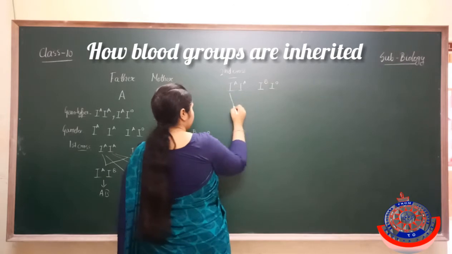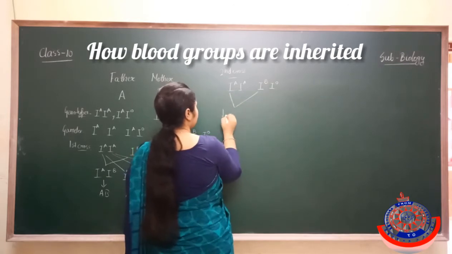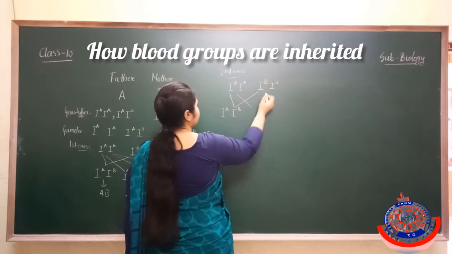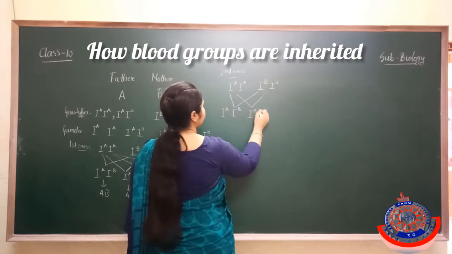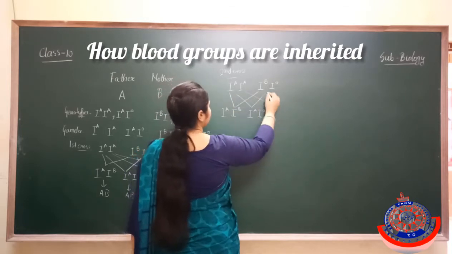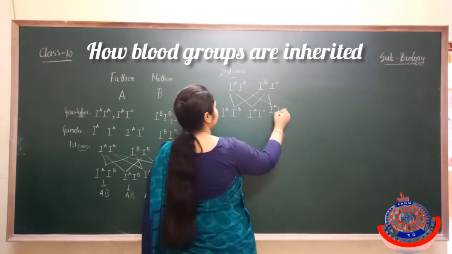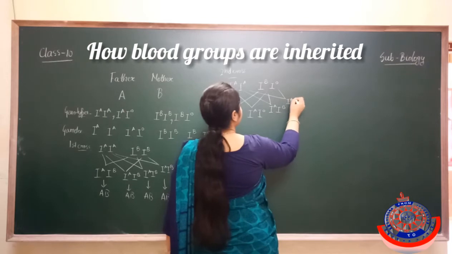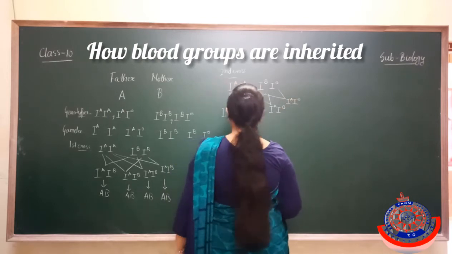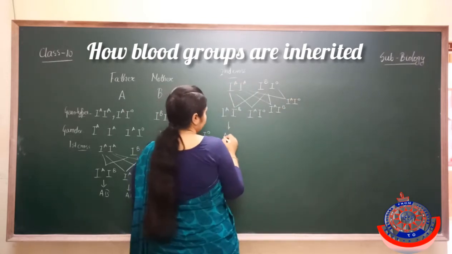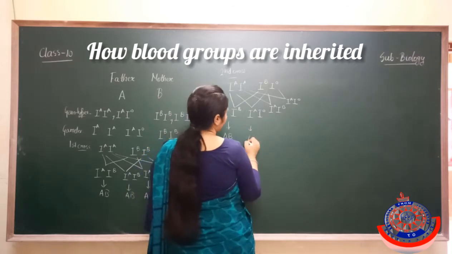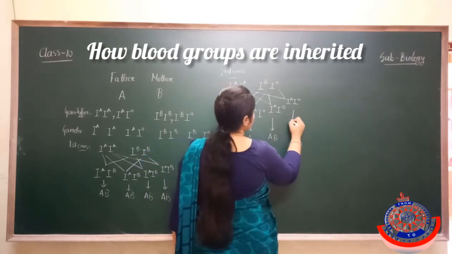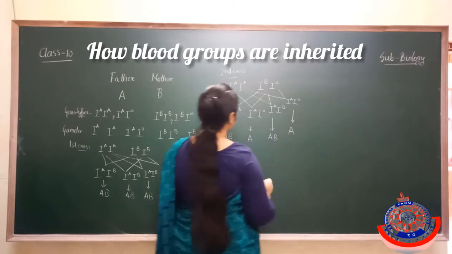Then after fusion it will form IA IB, IA IO, IA IB, IA IO. This will form AB, this will form A blood group, this will form AB blood group, and this will form A blood group.